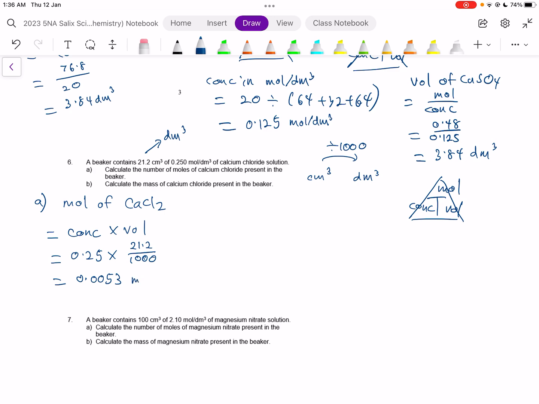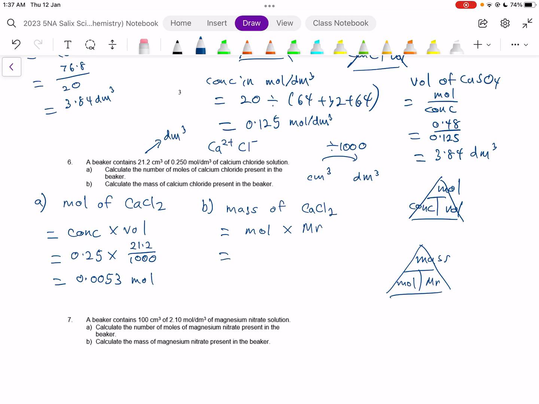Next one, part B. Now I can find the mass of my calcium chloride. Calcium is from group 2, chloride is from group 7. So mole times Mr. Use this formula. Mole is 0.0053, Mr is 40 plus 2 times 35.5.